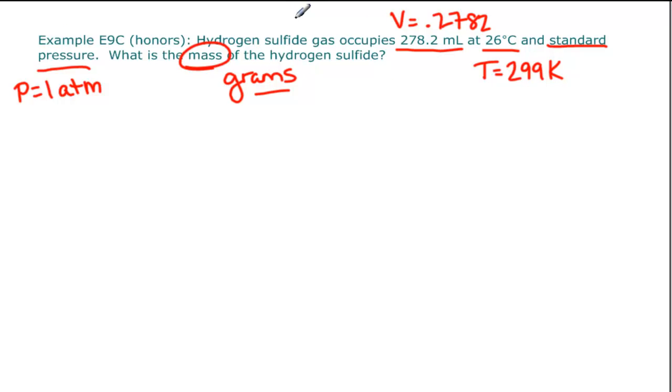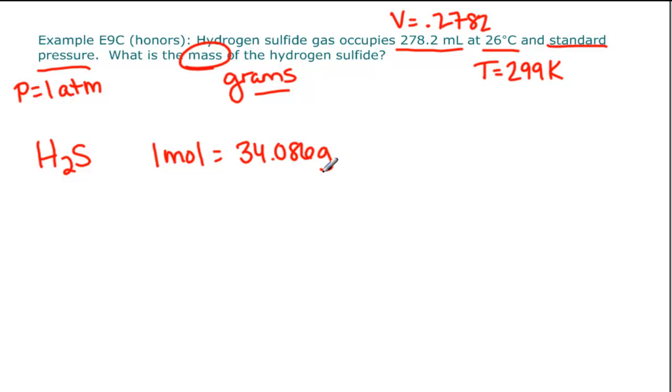Alright, now, why is it important that we know this is hydrogen sulfide? Well, if we know that hydrogen sulfide is H2S, and you get that from using the charges on your periodic table and flipping them, then we know that the molar mass, okay, 1 mole is 34.086 grams.